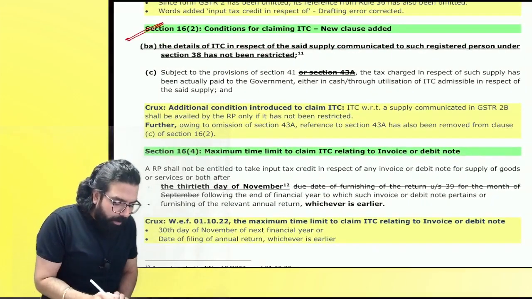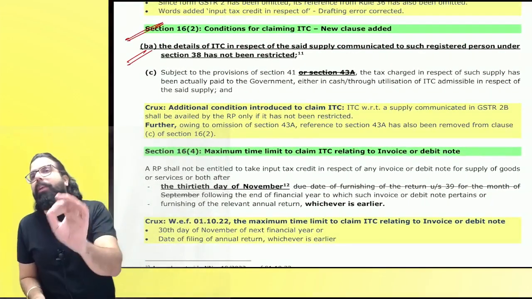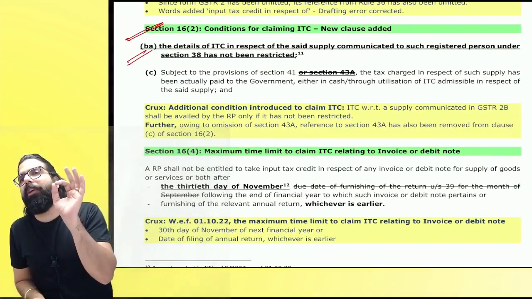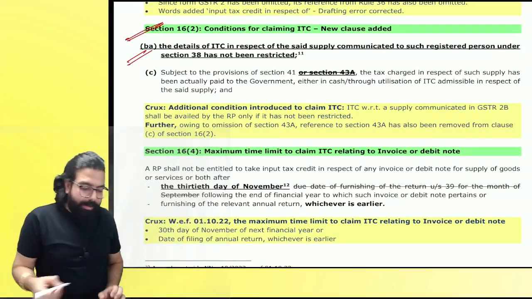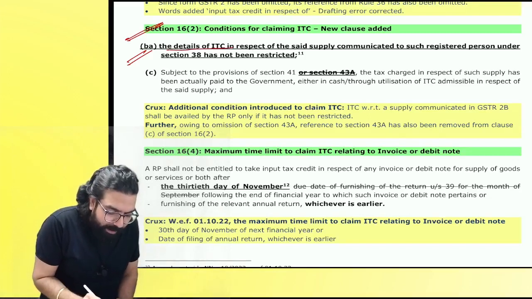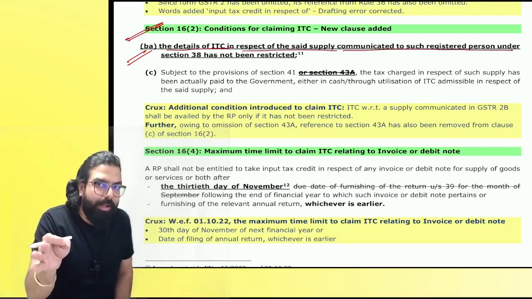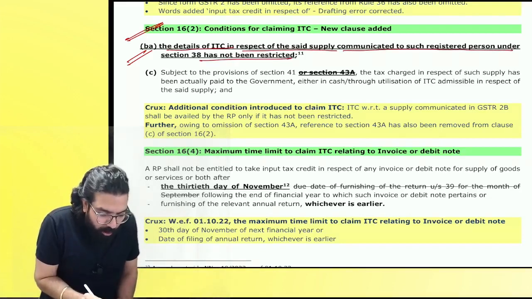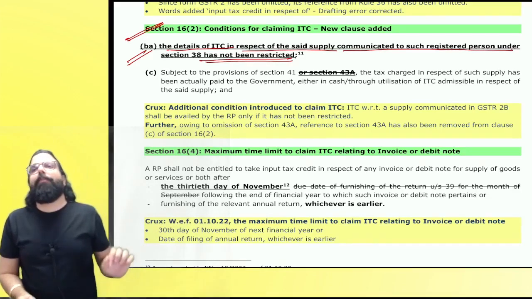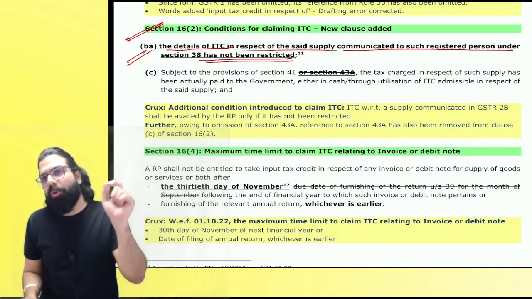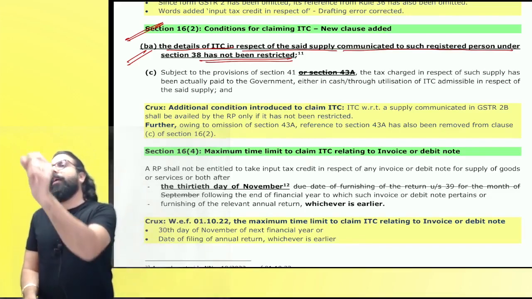Next, one more point inserted: you can take the credit only if that amount is not restricted. The details of ITC in respect of the said supply communicated, meaning whatever is communicated in GSTR2B, must not be restricted, because if it is appearing in the restricted column of GSTR2B, then you will not be able to take the credit.